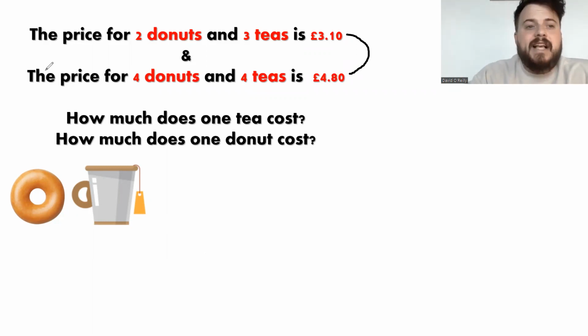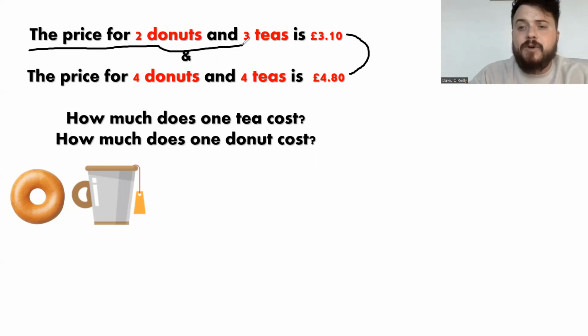First step, let's look at the first math statement at the top. It says the price for 2 donuts and 3 teas is £3.10. I'm going to rewrite that as algebra. In other words, I'm going to rewrite that with just numbers and letters and mathematical symbols. So how would I do that? Well, let's have a look.